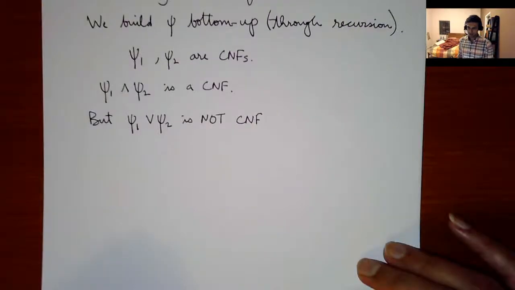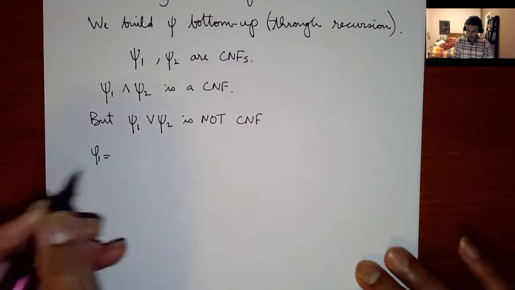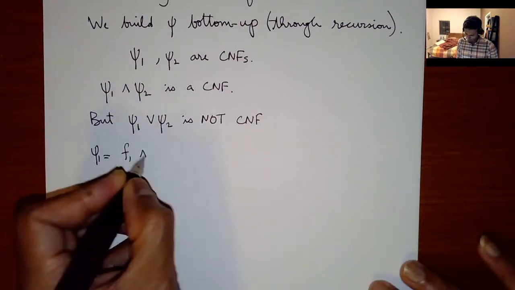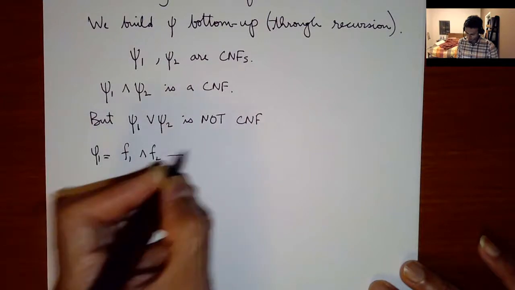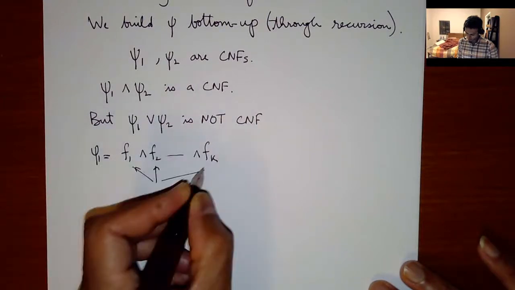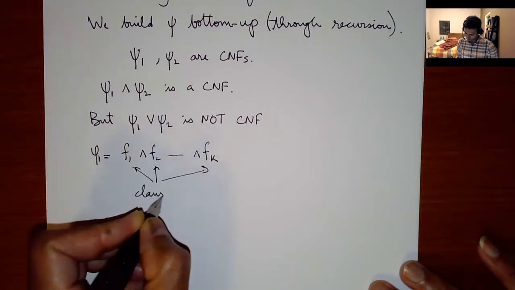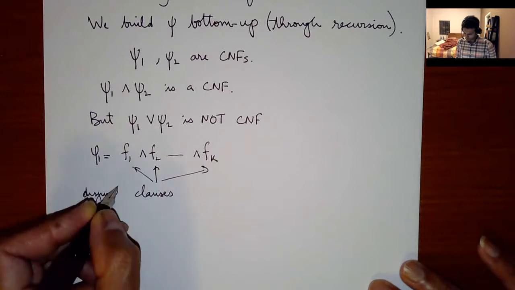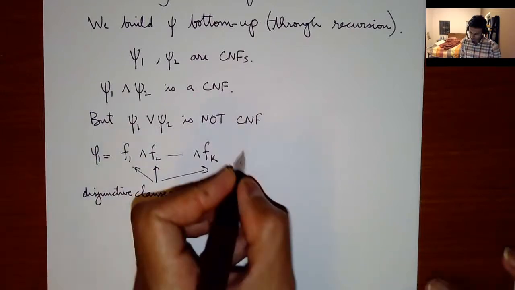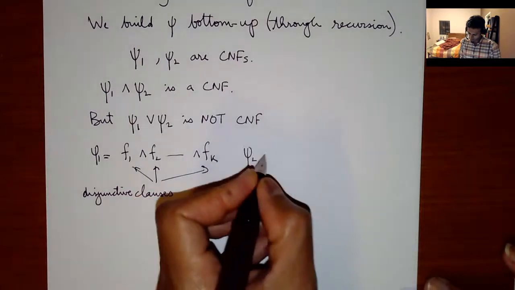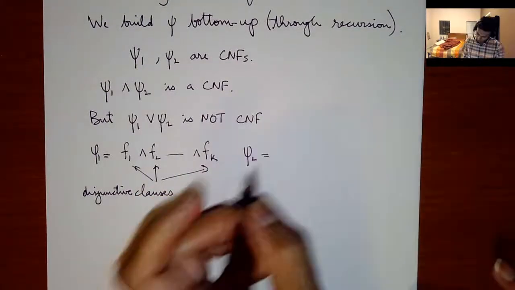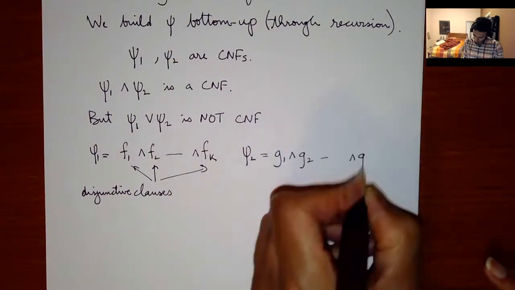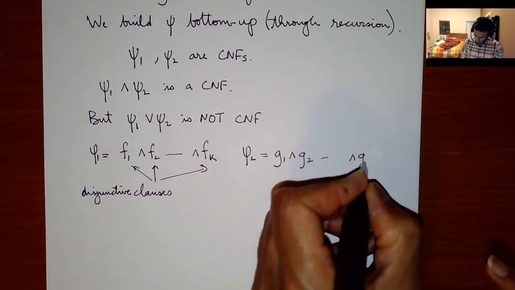C1, because it's a CNF, is going to be something like F1 and F2 up to Fk, where these are clauses, disjunctive clauses, each of them a bunch of ORs. C2 is G1 and G2 up to G K-prime.